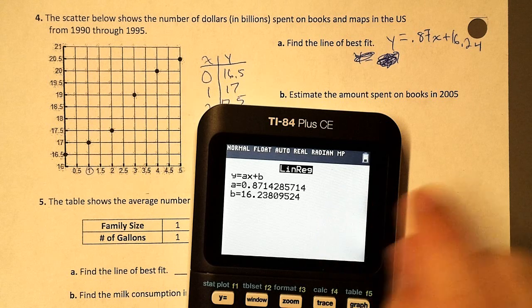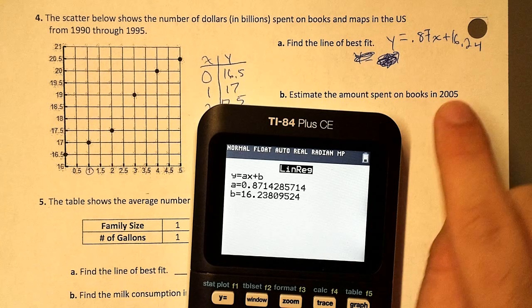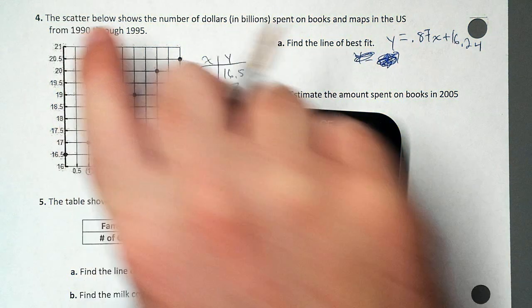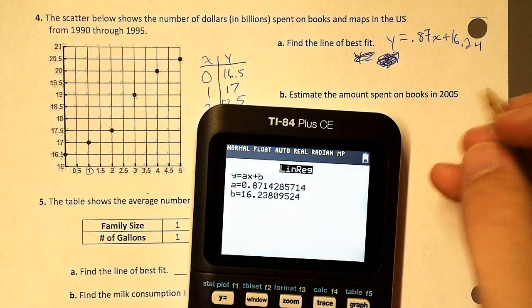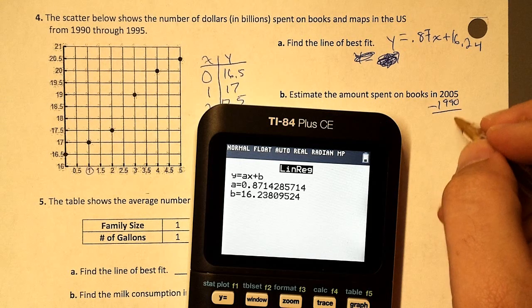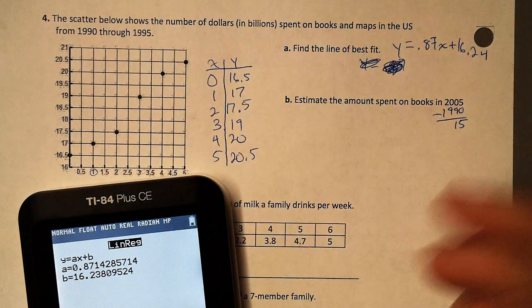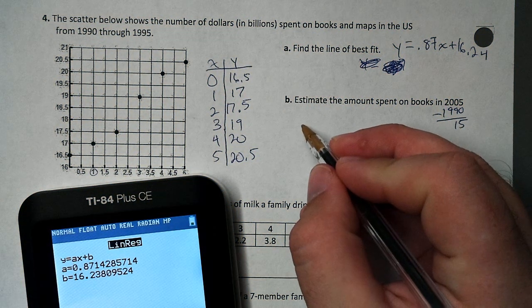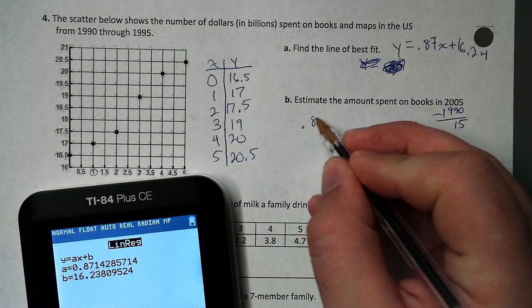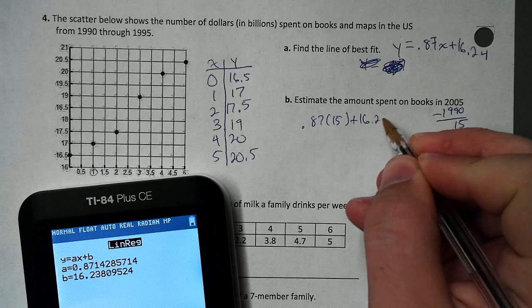Then it says estimate the amount of money spent on books in 2005. Well, from 1990 to 2005, how many years went by? Should be 15. So what we have to do is go back to our equation and plug in 15. So 0.87 times 15 plus 16.24.